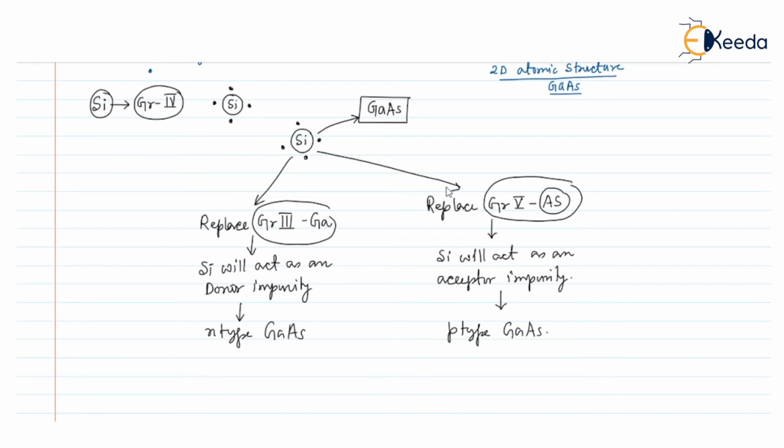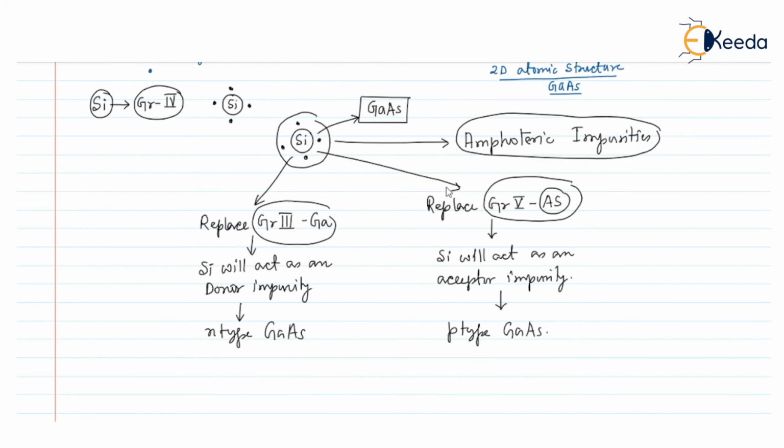This type of impurity, silicon, which can act both as a p-type impurity or an n-type impurity, is called an amphoteric impurity. Silicon will act as an amphoteric impurity, which can be a donor impurity as well as an acceptor impurity, depending on which type of atom it is replacing.